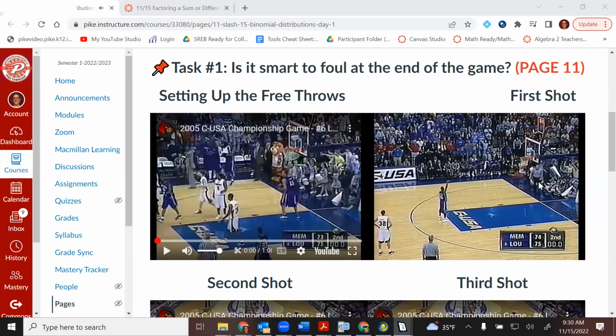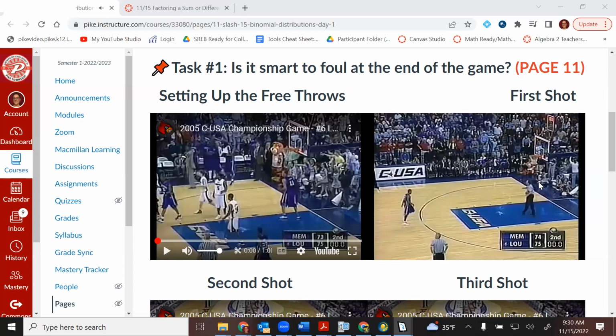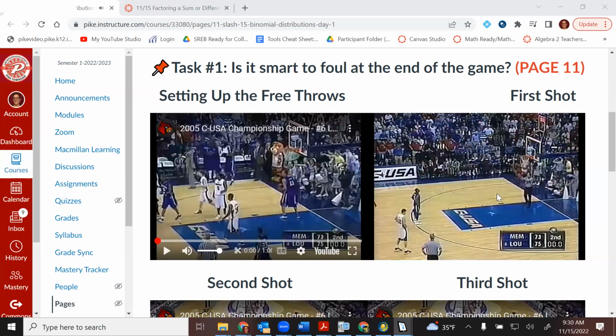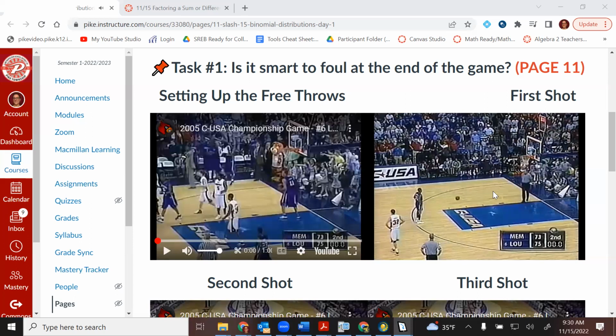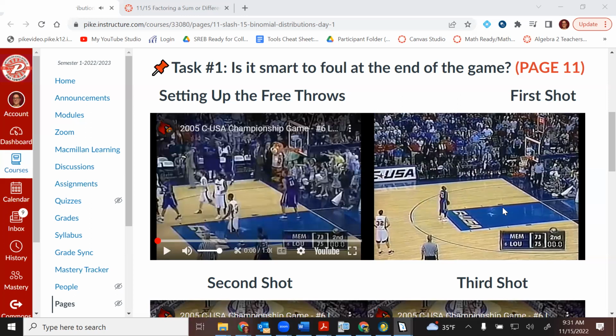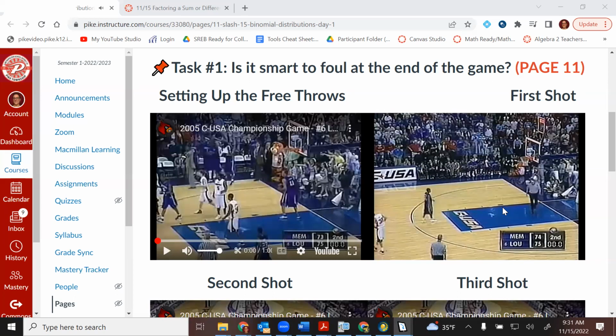So what's the chance that they get sent into overtime? 0.4032. So about a 50% chance they win, 40% chance that they go into overtime, something close to an 8% chance that they lose.